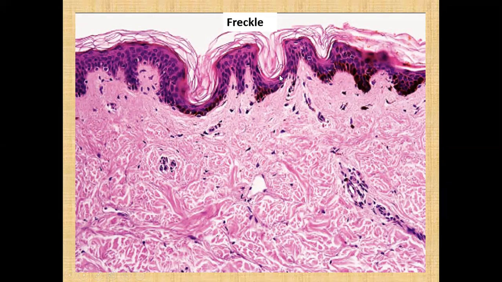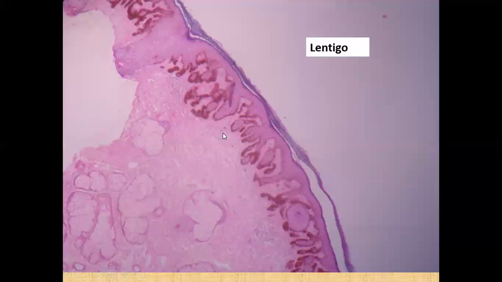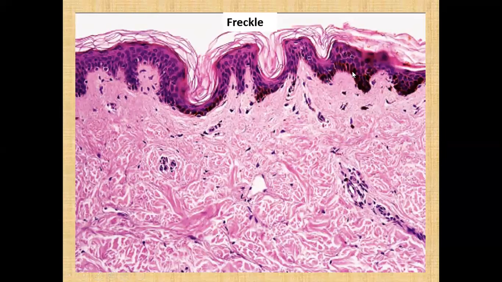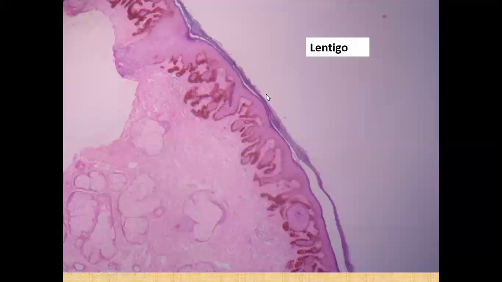Otherwise, there will be no hyperplasia of the epidermis. In contrast to freckle, the lentigines are characterized by epidermal hyperplasia along with increased basal and suprabasal pigmentation. So the freckle has only increased basal and suprabasal pigmentation, while the lentigines will have epidermal hyperplasia as well.